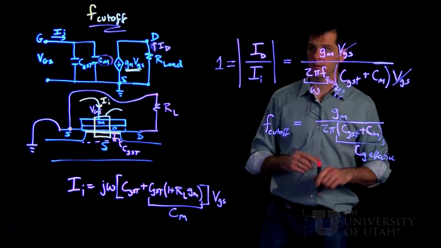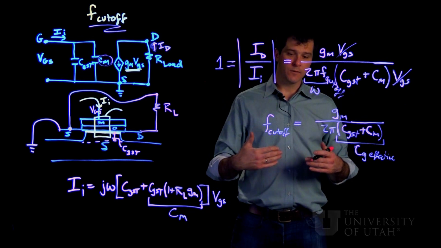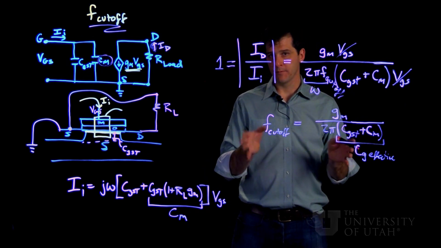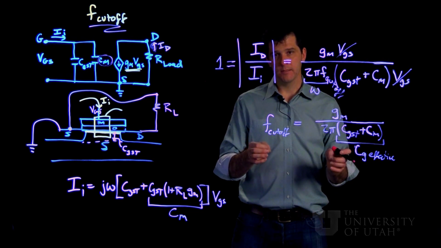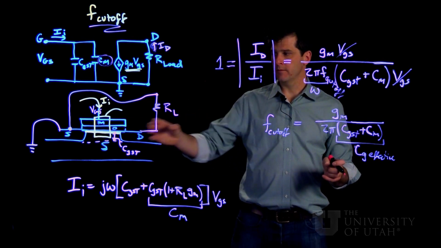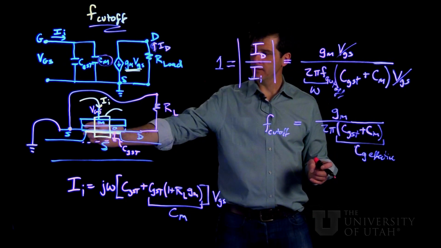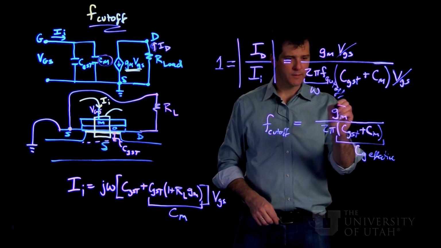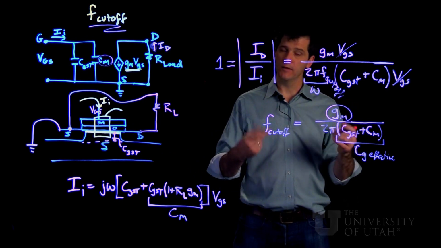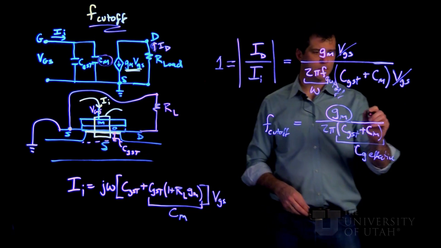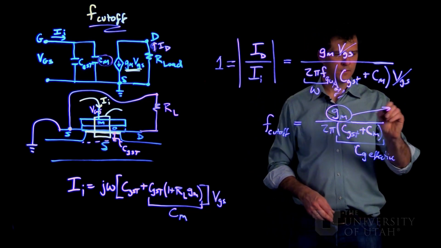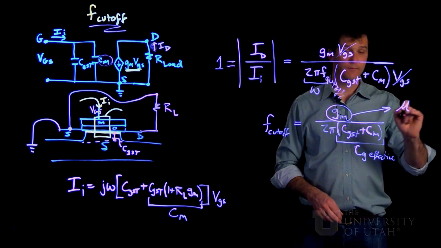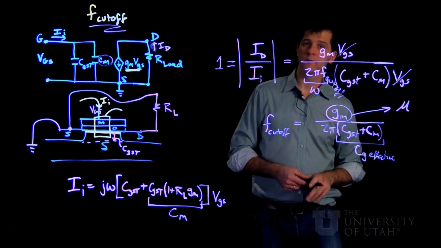So what did we learn here? We learned that there's a threshold frequency up to which we can operate this MOSFET, which has nothing to do technically with the transit time between the source and the drain. However, it does have to do with the transconductance. And the transconductance, remember, is primarily the mobility of the channel times a few other factors.